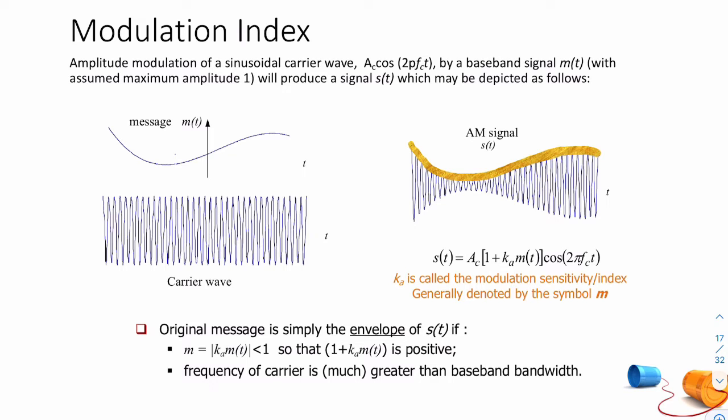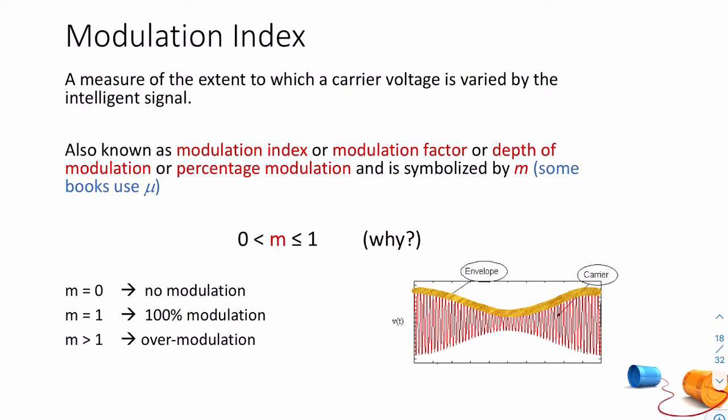We'll be using the term modulation index, M. And our modulation index can be 0, can be greater than 1, can be 1, or can be less than 1. And I'll explain what each of those means.